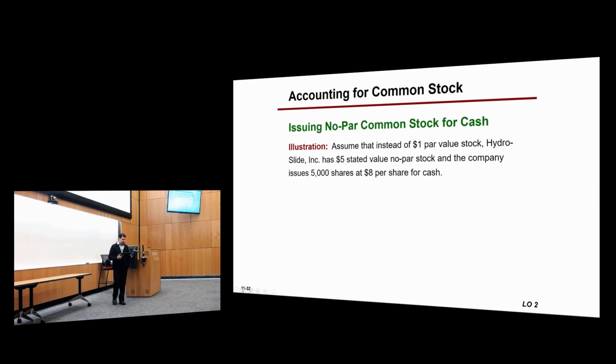It has $5 stated value, no par, and they are issuing 5,000 shares. How much cash is the company getting? Cash will depend on the market. So cash will be debited 40,000. This is based on the market.